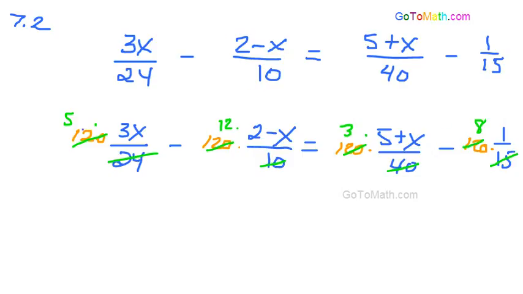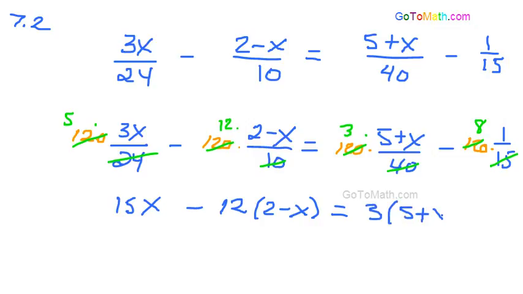Alright. So we have 5 times 3, that's going to be 15x, minus, we'll go ahead and just rewrite the 12, and do the same thing with 3. 5 plus x minus 8.